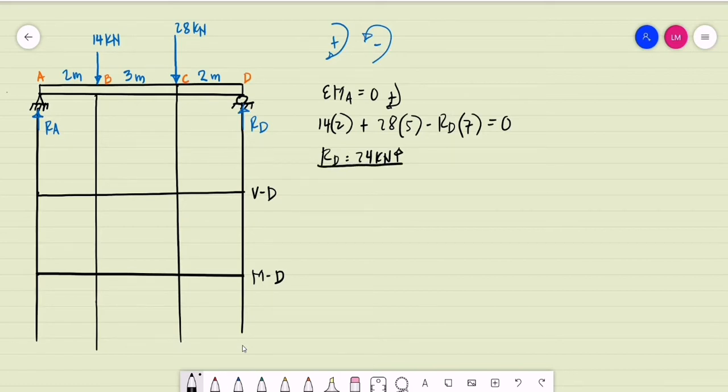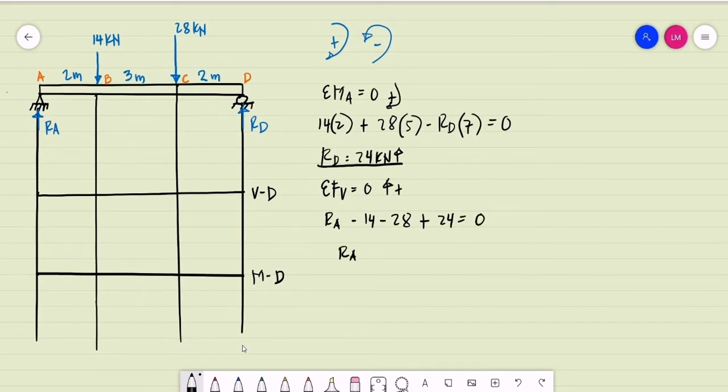Now computing for the reaction at A, we may do summation of vertical forces equal to 0, assuming upward forces to be positive. So we have the reaction at A minus the 14 kilonewtons minus 28 plus the reaction at D, 24 kilonewtons, equal to 0.